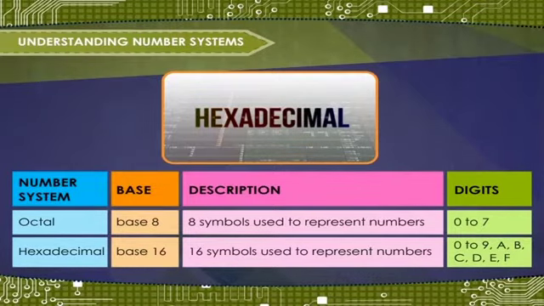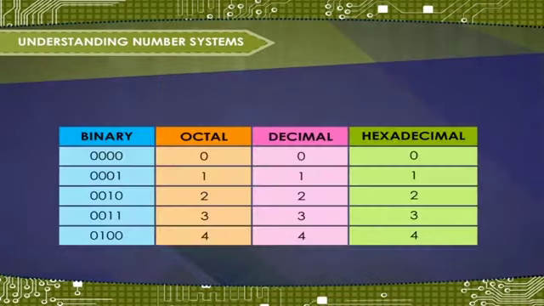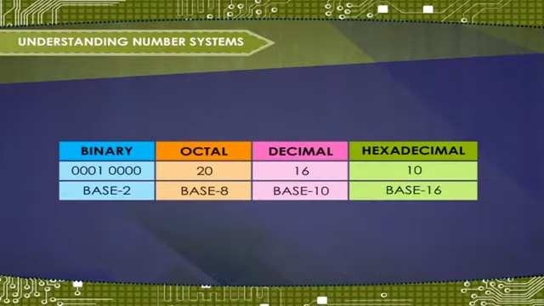Thus, the hexadecimal base uses 0, 1, 2 up to 8, 9, A, B, C, D, E, F as digits. The table below shows a comparison of the first 16 numbers in the binary, octal, decimal, and hexadecimal number systems.